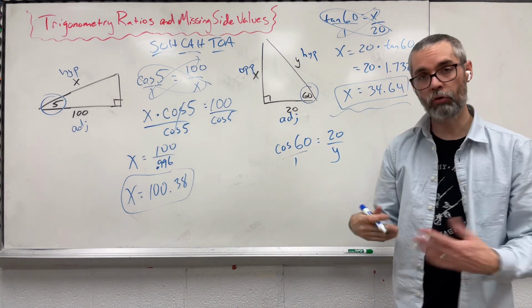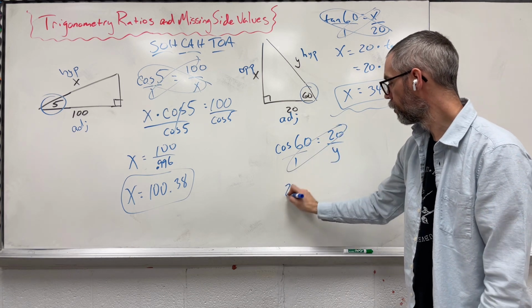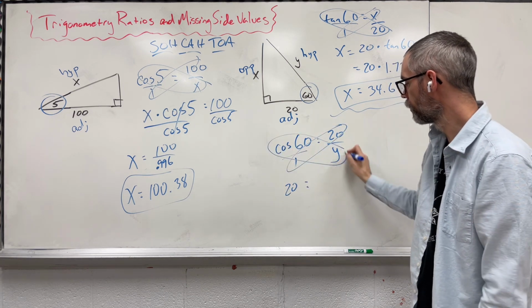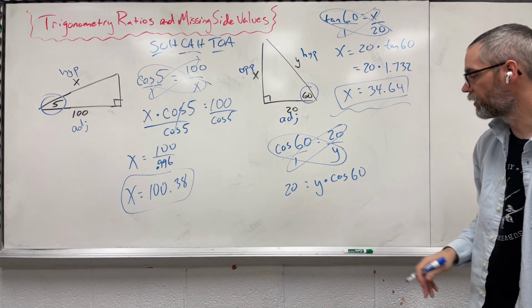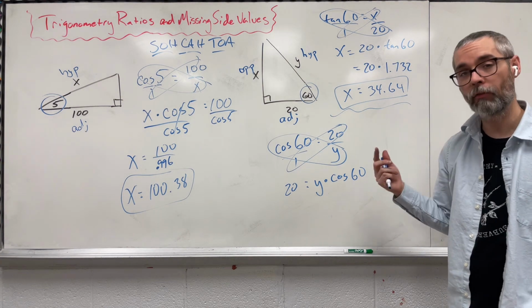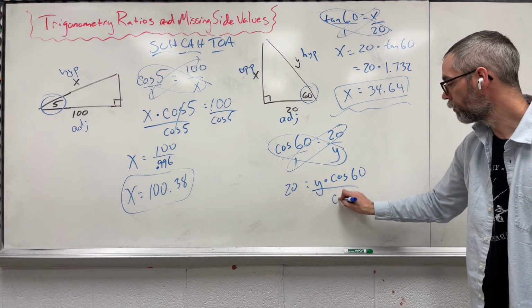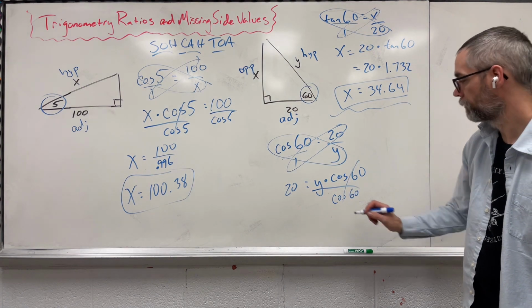Now let's cross multiply everything. So we have 20 equals y times cosine of 60. This is a number. It's an ugly number, but we're going to leave it there for right now. I want to divide by cosine of 60, cancel them out.